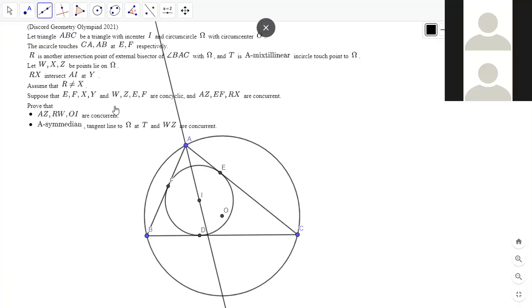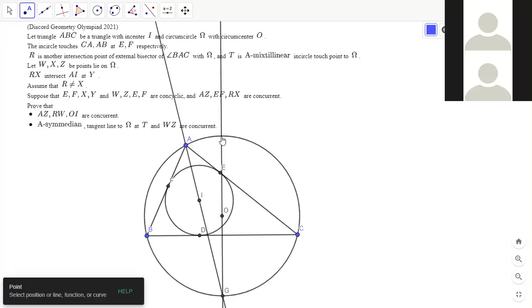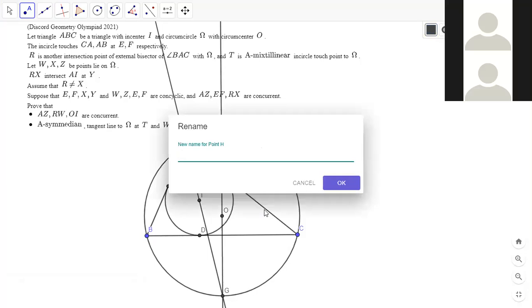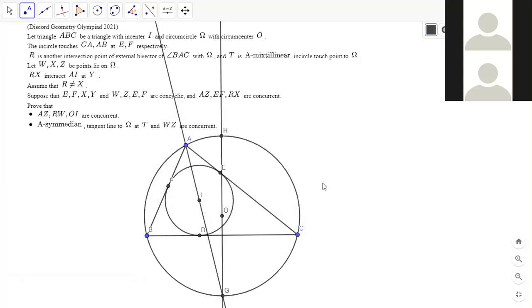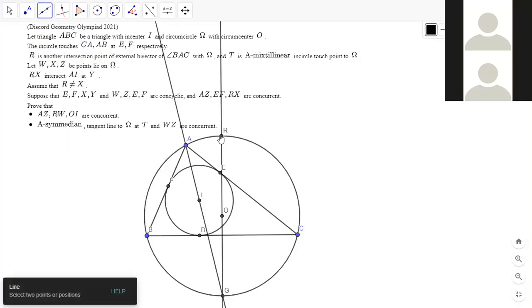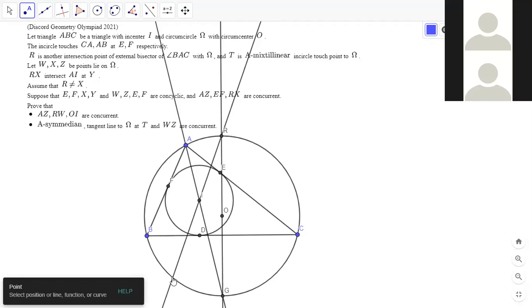Actually, let me just do it like this. So this should be R. So basically angle RAI is 90 degrees. And then we draw the mixtilinear point. Okay, so we know by theorems on mixtilinear incircles that this is going to be T. It's where RI intersects the circle.